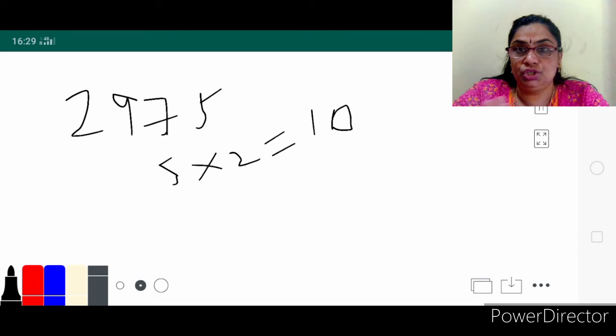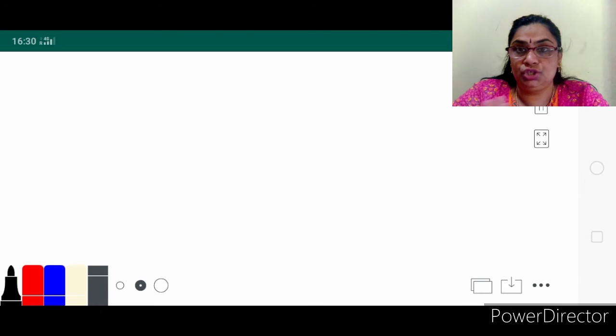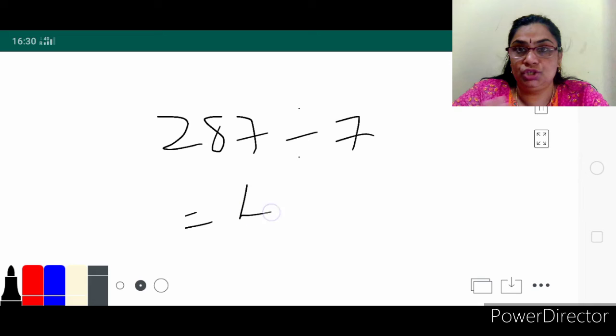Now I take 297 minus twice the last digit: 297 minus 10 is 287. 287 divided by 7, what do you get? 41. It is totally divisible by 7. So this number 2975 is divisible by 7.